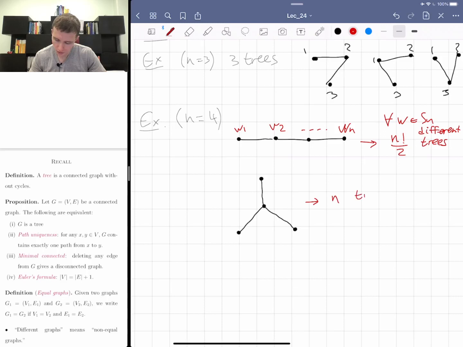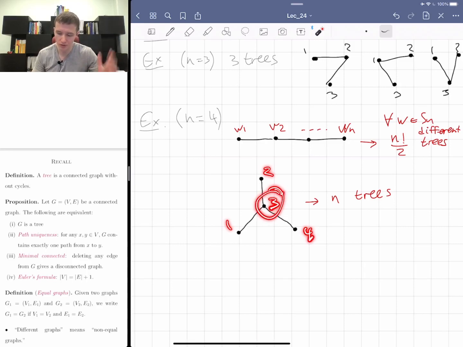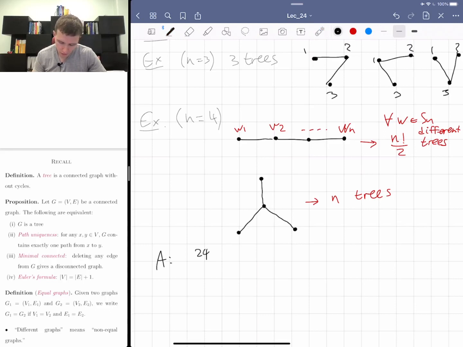In other words, I can label this by 3, and then it doesn't matter in which order 1, 2, and 4 come. Once I choose the 3 here, the tree is uniquely determined. So the answer is n factorial over 2, so 24 over 2, plus 4, which is 16 trees.